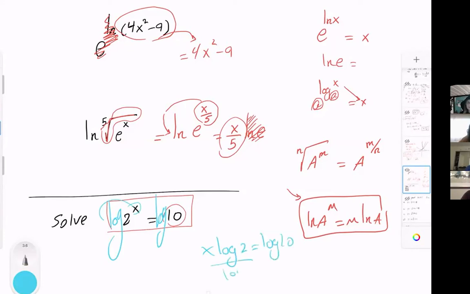You divide by log of 2. Then x will be log 10 over log 2. You leave it like this. Don't come up with a new formula. Don't say this is log of 5. No. Log of 10 over log of 2. If they say rounded to a few decimals, you will use a calculator. If they say exact, you leave it as this.